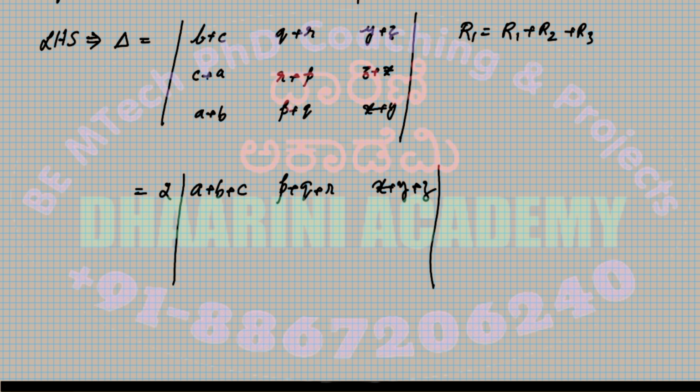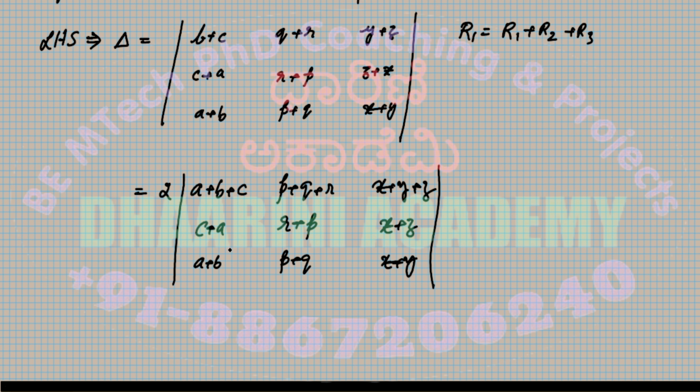Remaining, let us write inside. Okay, so I have C plus A, R plus P, Z plus X, and the third row A plus B, P plus Q, X plus Y.